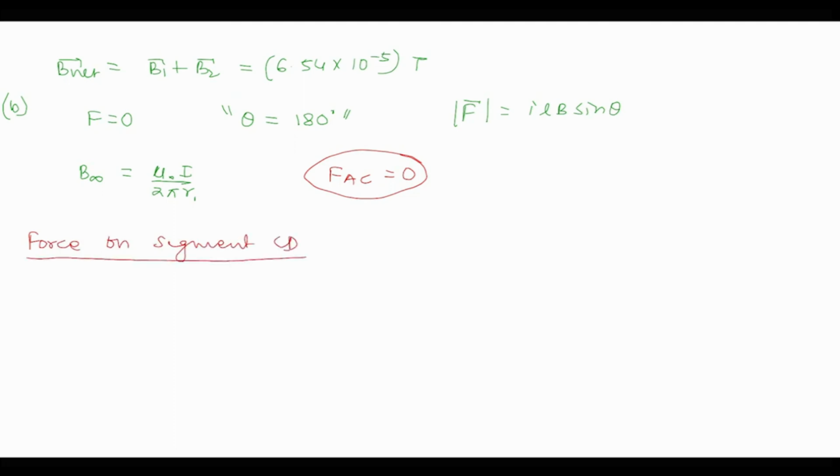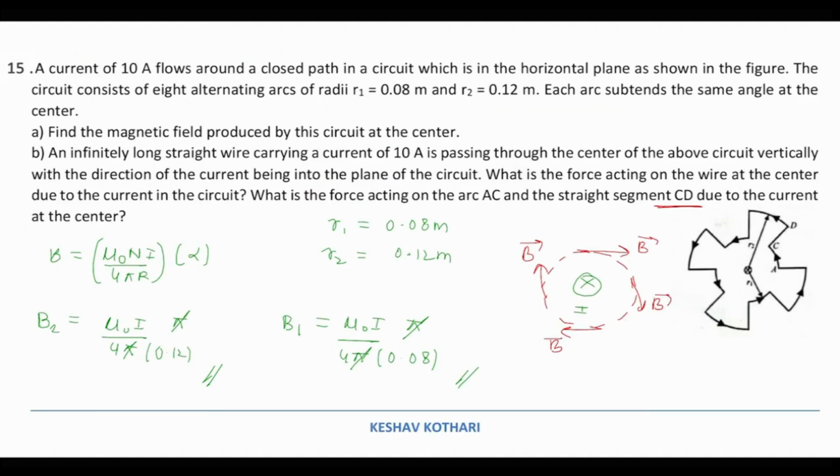If we look at the location of CD, it is something like this. CD is directed perpendicular to the magnetic field, but the problem is the magnetic field is variable along the length of CD, as the distance from the center is continuously changing, varying from the closest distance of 0.08 to the farthest distance, which is 0.12 meter.